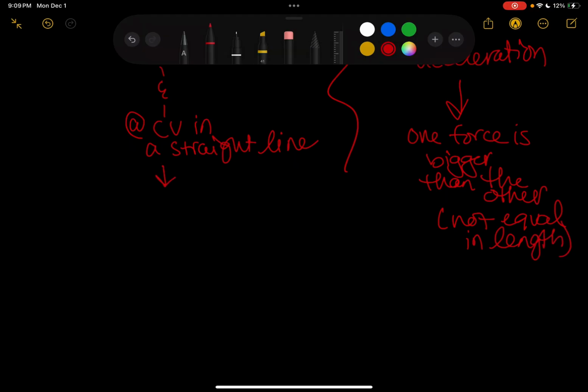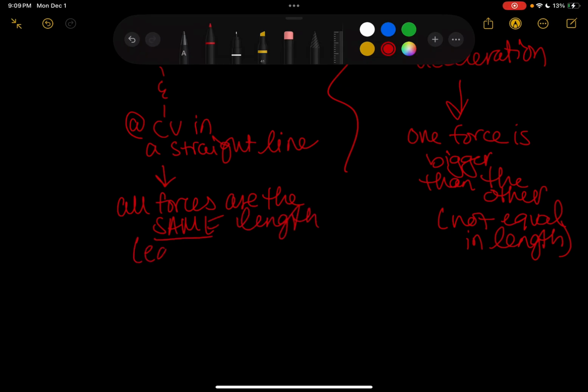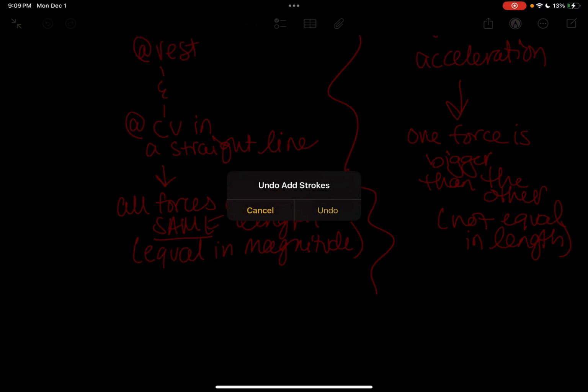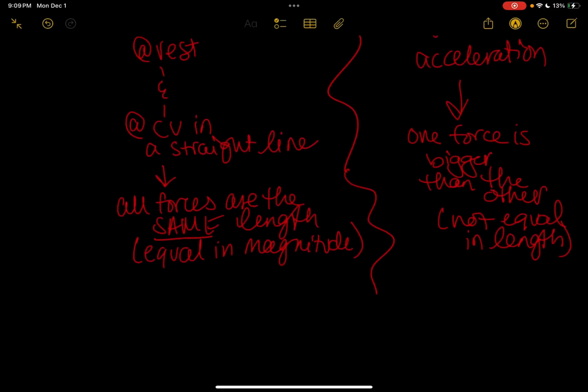Whereas, if you're experiencing balanced forces, all forces are the same length, because we're saying that they're equal in magnitude. Okay. And you can literally see that on the diagram. They're the exact same length. Whereas if the object's accelerating, obviously one of those forces is going to be much bigger than the other.